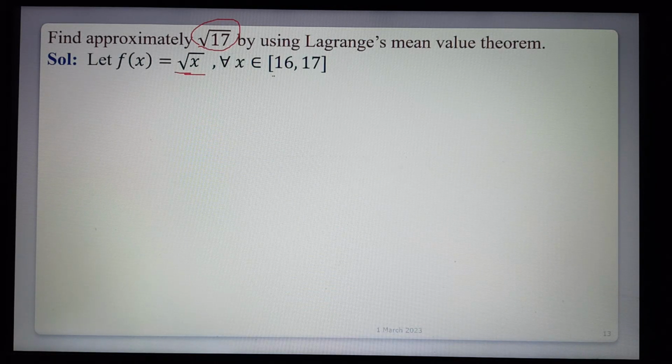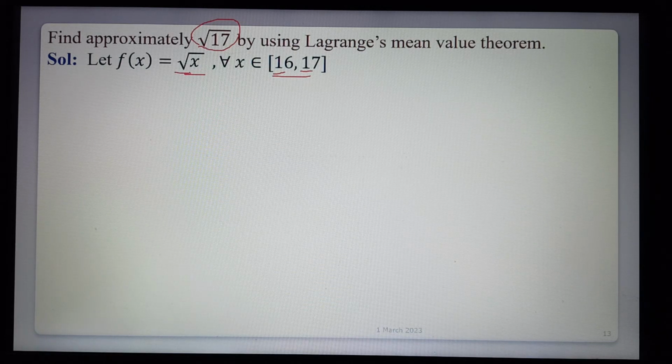Now choosing the interval. How to choose the interval here? Near root 17, which perfect square is near to 17? That is 16. So 16 is the perfect square near to 17. The second value is the number we have to find, 17. So for root 17, the closed interval a comma b is 16 comma 17.